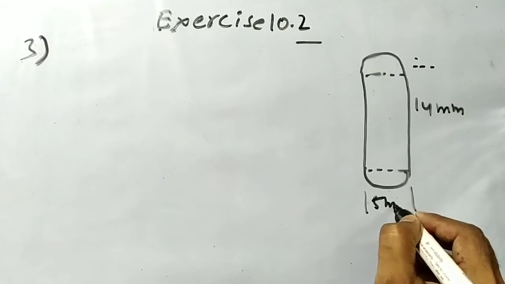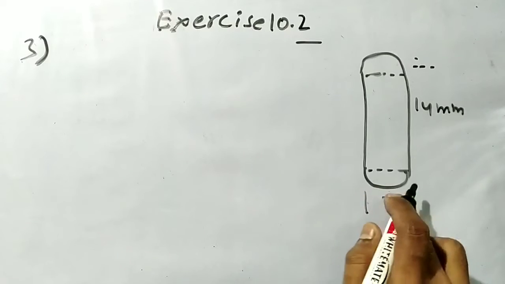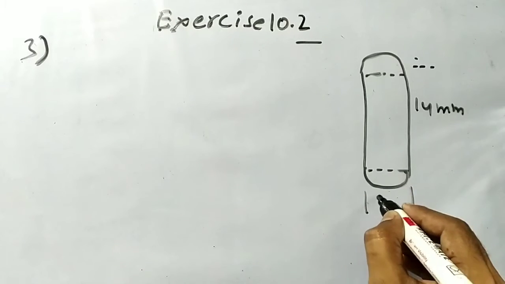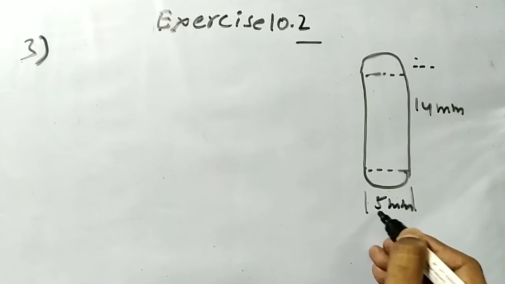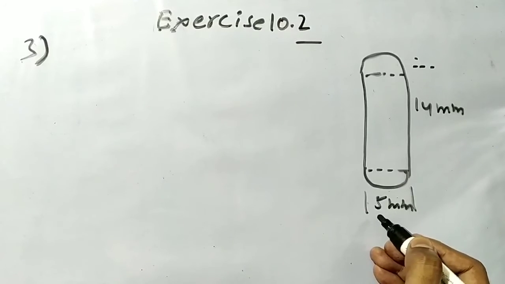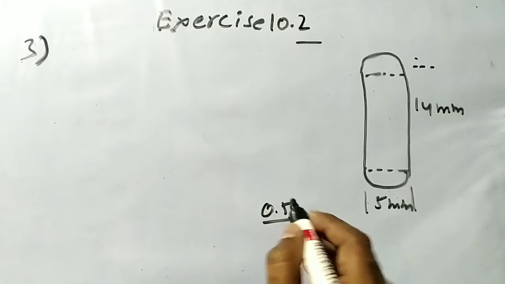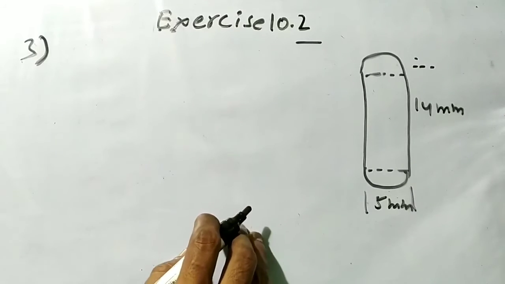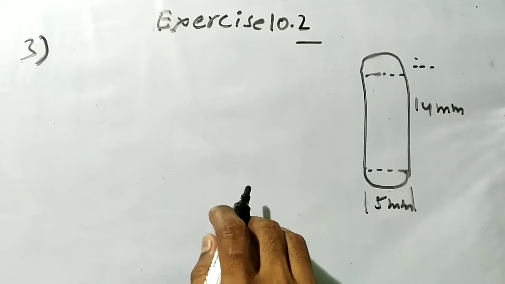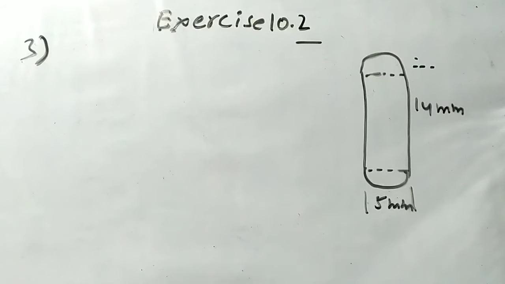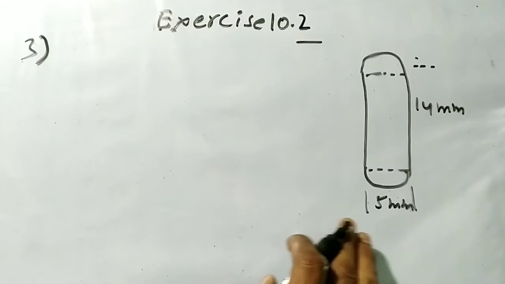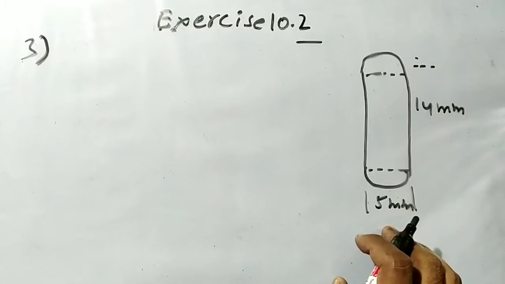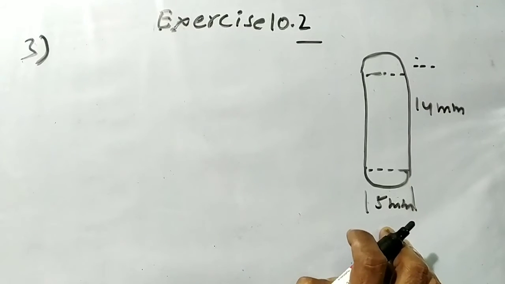Here we could take cm, but if 5 mm is converted to cm, you will get 0.5, which makes the calculation a little complex. So that's why I am considering millimeters only, which makes the problem solving easy.